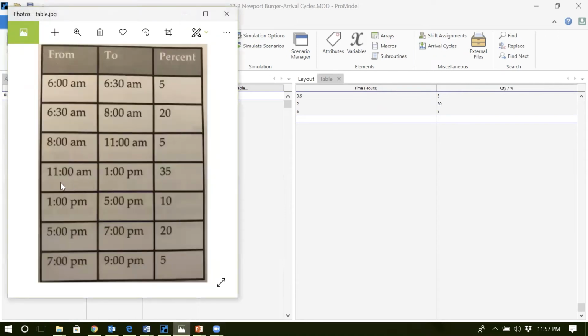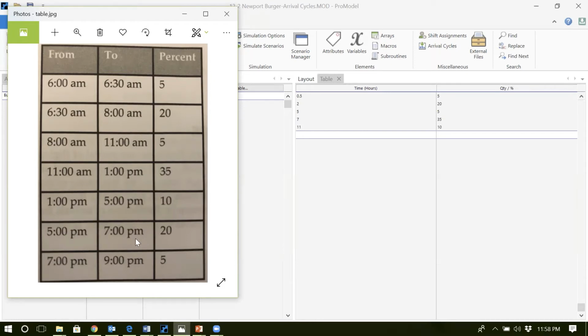And then from 11 to 1, that's going to be from hour 5 to hour 7, 35%. And then from hour 7 to hour 11, 10%. And then from hour 11 to hour 13, 20%. And from hour 13 to hour 15, 5%.